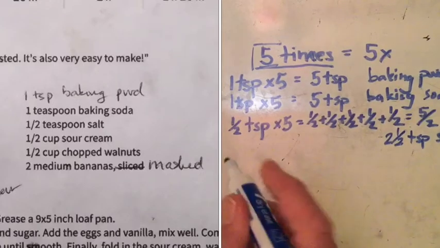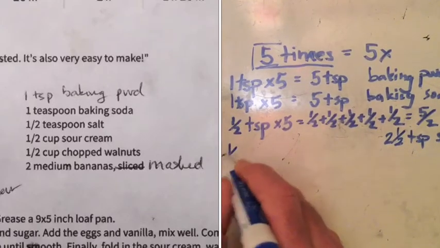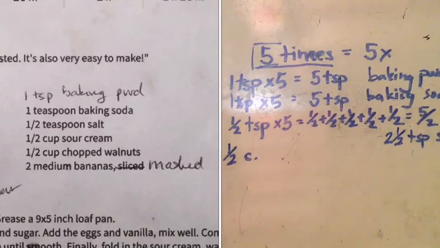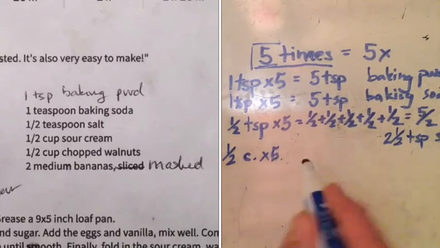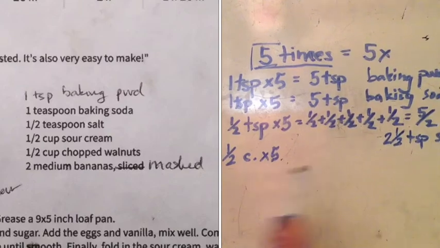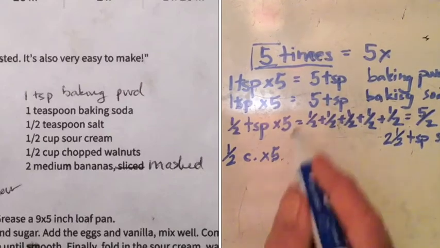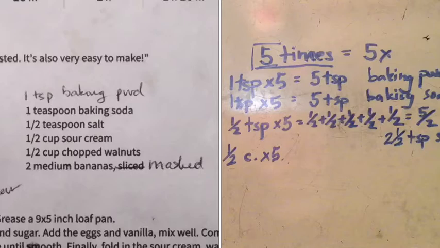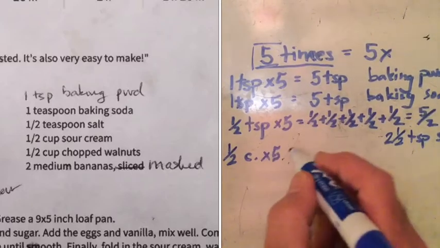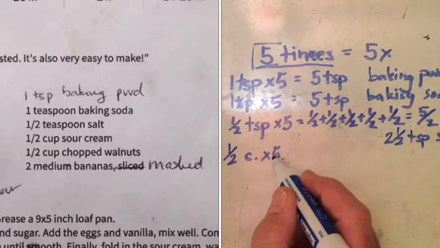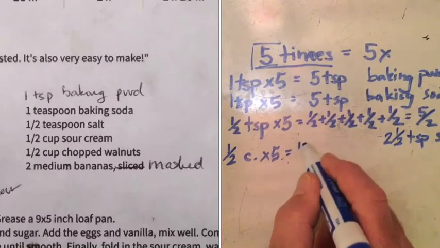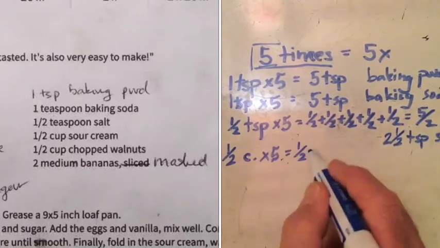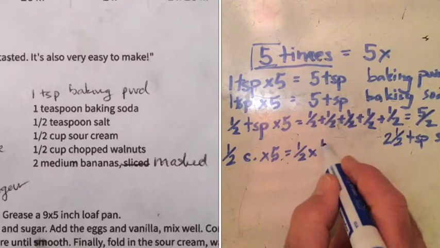All right, the next one is 1/2 cup, abbreviate it with a C, sour cream. Well, again, we multiply that by 5. You can follow the same format, 1/2 plus 1/2, 5 times, or we can use a little bit of fraction multiplication. So, in fraction multiplication, I can simply take 1/2, which is your 1/2 cup, multiplied by 5.